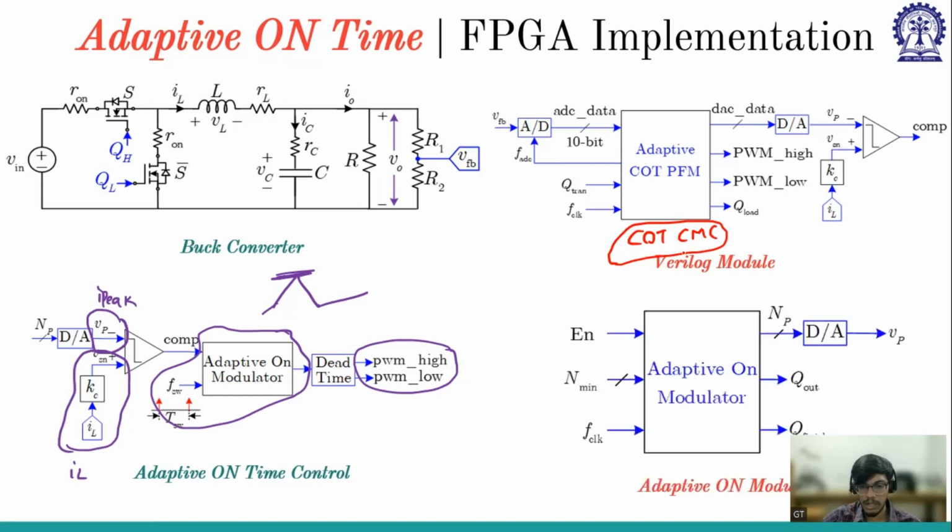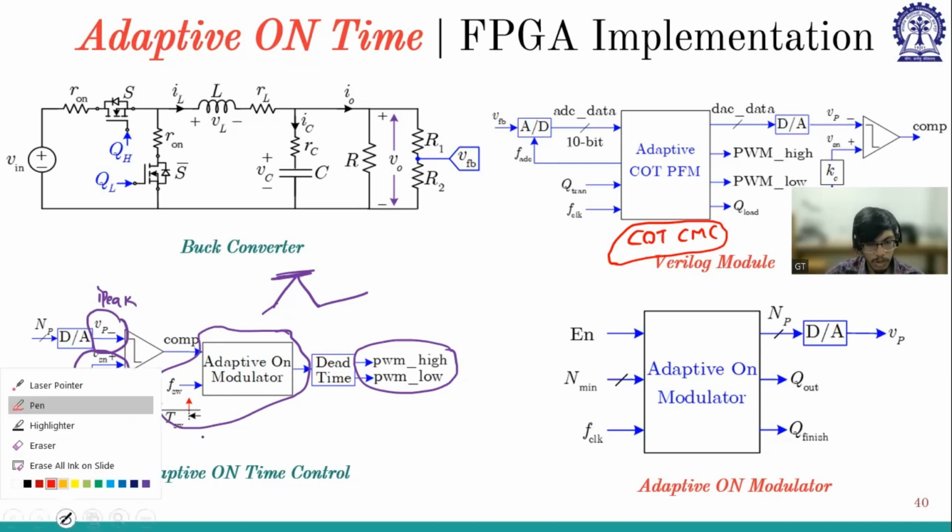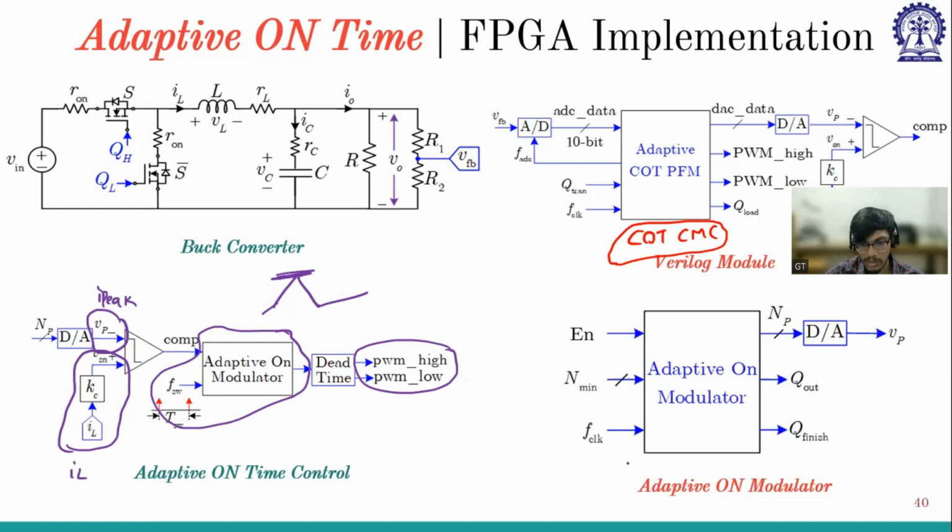So this constant on time PFM has sub blocks similar to constant on time current mode control, which has the COT modulator. Here, this is the adaptive on modulator. Again, I will not go into the details of Verilog HDL because it is a special case of constant on time current mode control.